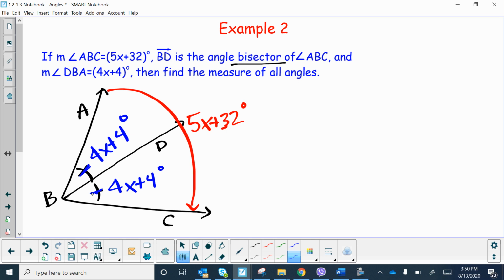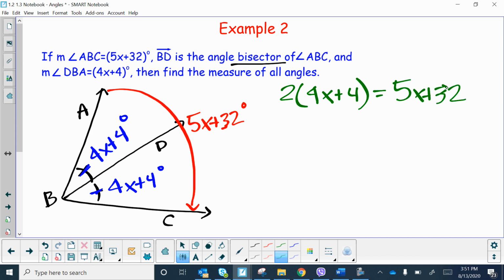So now we have a representation for each angle, and we can set up our angle addition. 2 times 4x plus 4 equals the red angle, 5x plus 32. Or you can write out 4x plus 4 plus 4x plus 4 equals 5x plus 32. So then we have 8x plus 8 equals 5x plus 32.